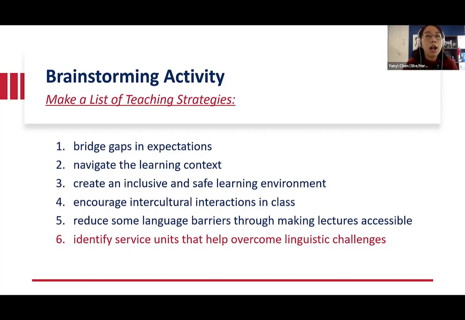For example, on page 1, you will post a strategy that helps bridge gaps in expectations. On page 2, you will post a strategy about navigating the learning context and so forth. So in total, we're going to post 6 strategies, 1 strategy per page.